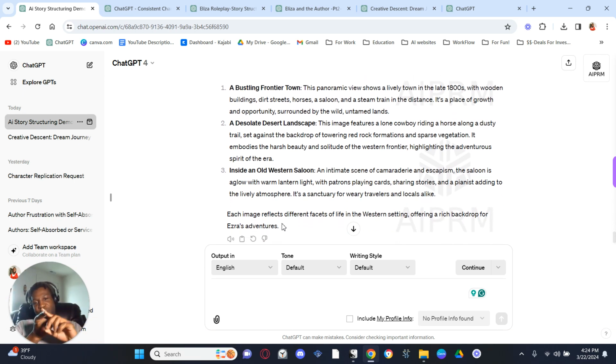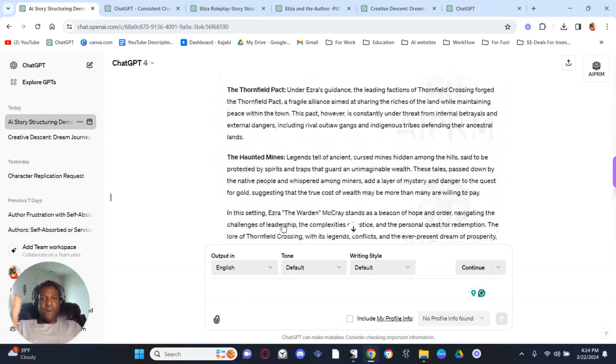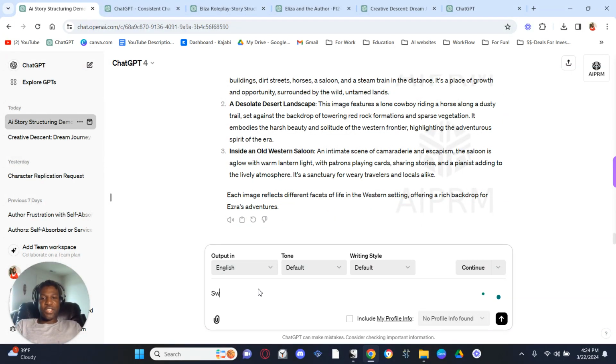So now we have our character, we have our setting. What is the premise? I don't know too much about this Western town, so this is where we have to start asking the right questions. The idea of how you formulate a premise is you take the character. So I'll say, please summarize Ezra.